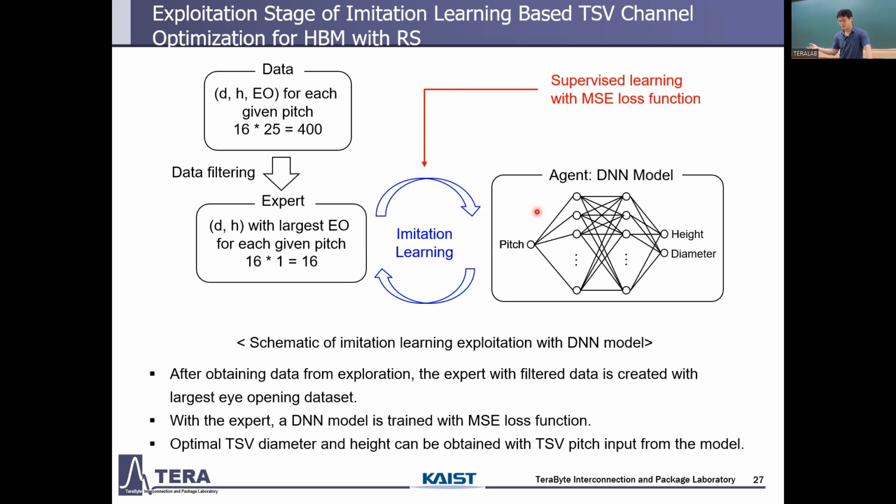Of course, it would take a lot more time to become an expert. So the student, which is the agent, gets to some level of the expert, not perfect, but of course it's a lot faster. So that's why we're using it.